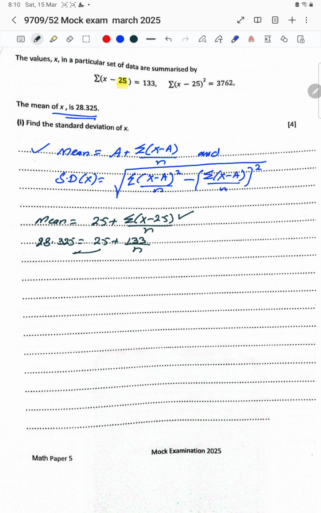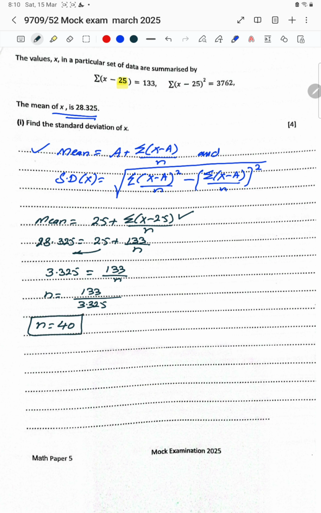So first take this to the other side to subtract it. 3.325 equals 133 by n, and simplification will give us 133 divided by 3.325. Calculate it and we will get n is equal to 40.